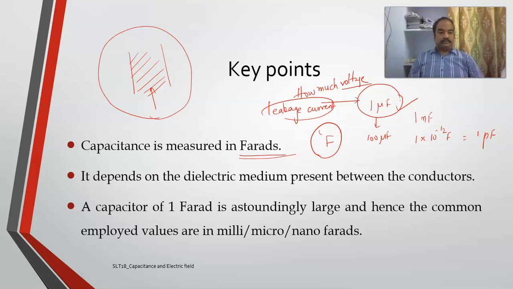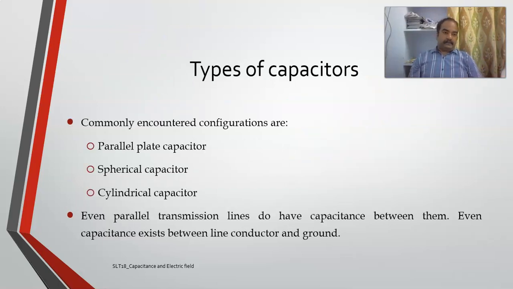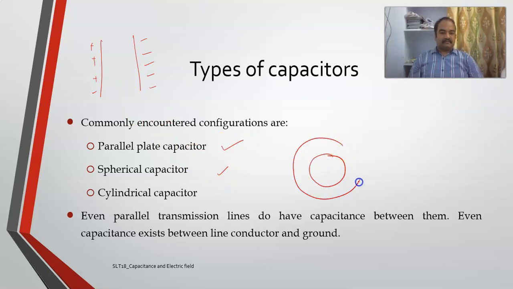Now, as shown in the previous slide, capacitors may not always be just like parallel plates. These two look like parallel plates, right? But they may not always be like this. Sometimes you will find different configurations, such as the parallel plate capacitor and the spherical capacitor, with the medium between them.